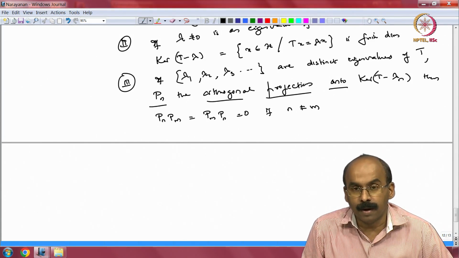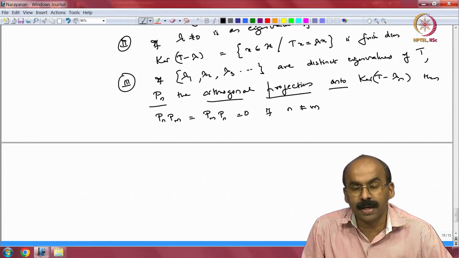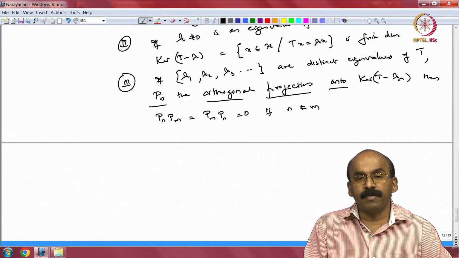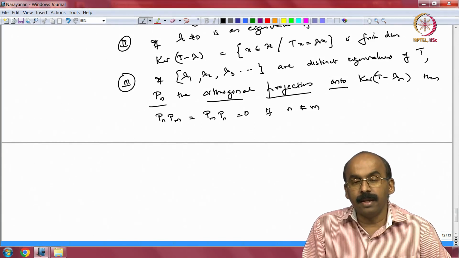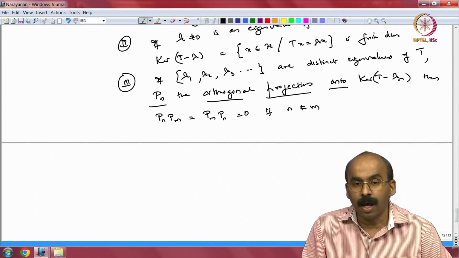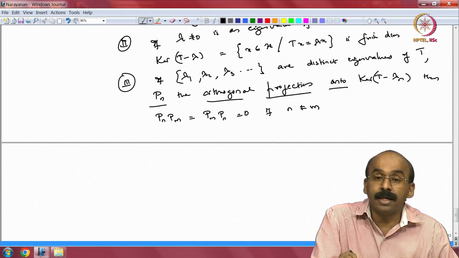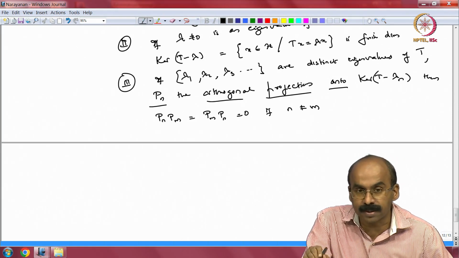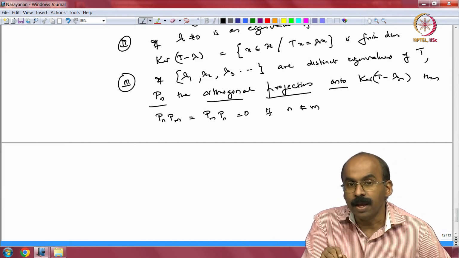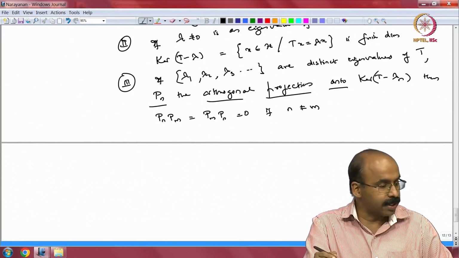In the finite dimensional case, or even in the infinite dimensional case, it simply says that if I have distinct eigenvalues, the eigenspaces corresponding to these eigenvalues are orthogonal to each other. That is what is written in terms of the projection onto those spaces. The projections, if you multiply, you get 0 is the same as saying these spaces are orthogonal to each other.